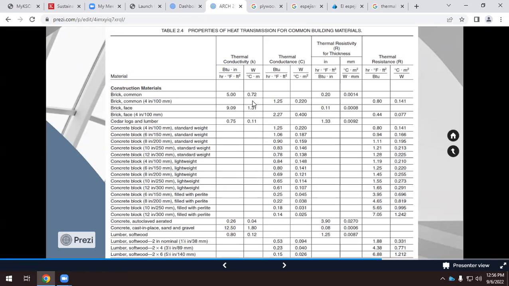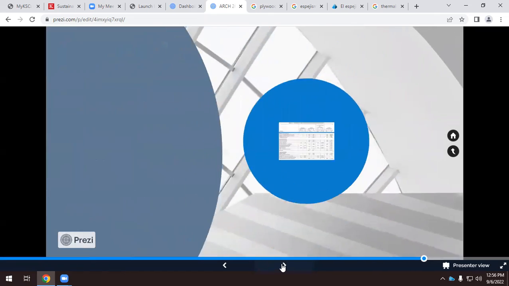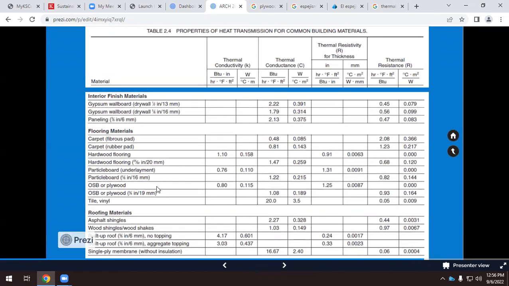Look at solid materials, brick and concrete blocks. Brick can be from 5 to 9, and concrete can be 12. So those are solid materials from 5 to 12, and we can think that those two materials are in the same category. But if we look at other kinds of materials, for example wood, it's 0.8, because wood is an insulating material.